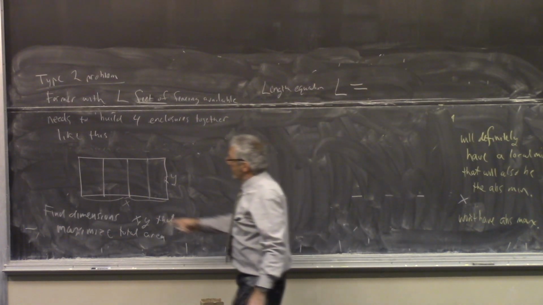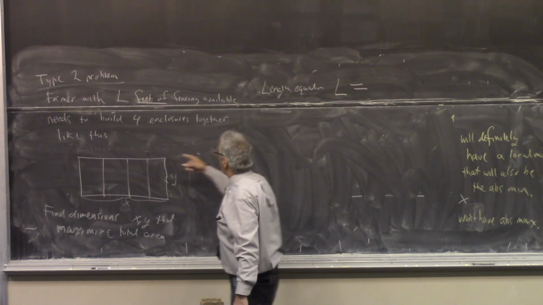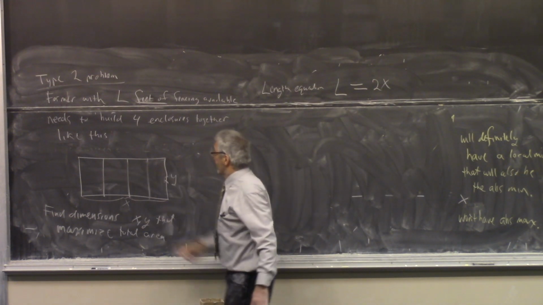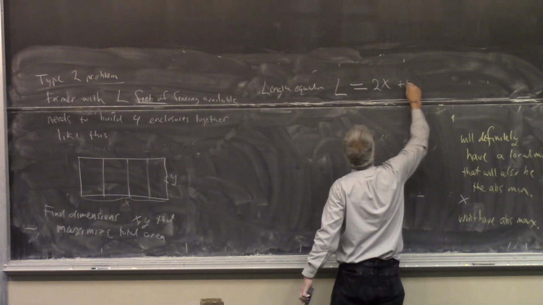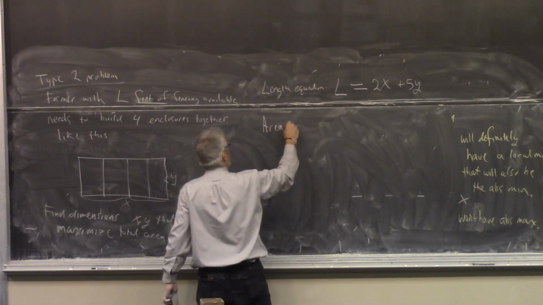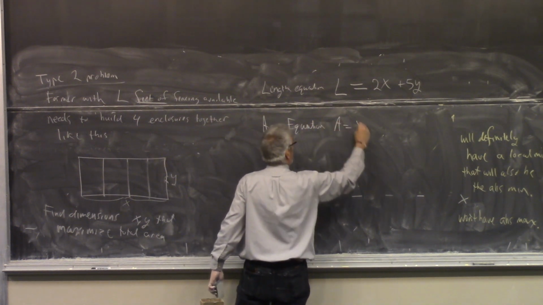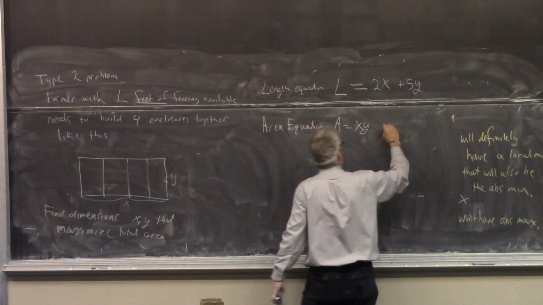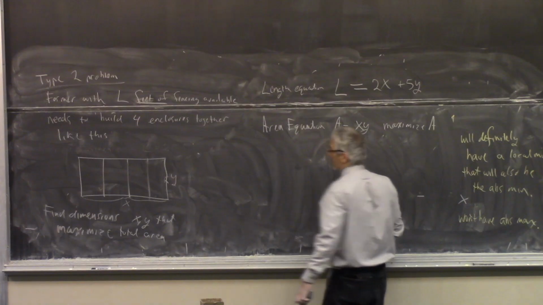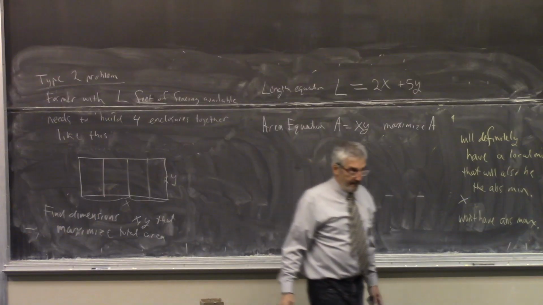That's got to go into fencing this whole length that's X, and this whole length that's also X, so 2X. And then there are 5 of these babies, 5 things that are of length Y. And then the area equation, A equals XY. And we want to maximize A. Is it for the entire enclosure? Maximize the total area. Okay.